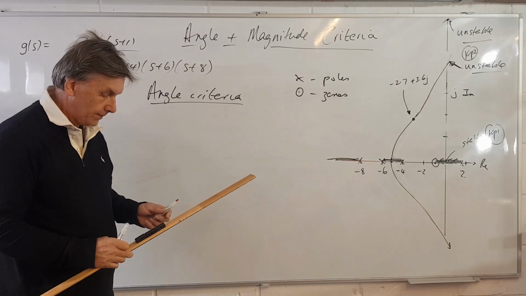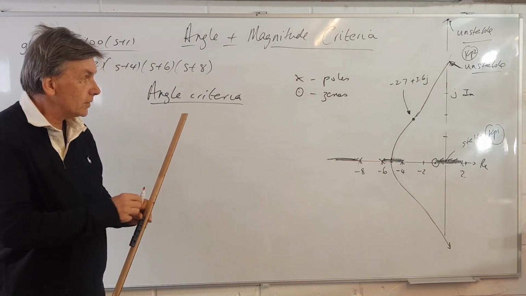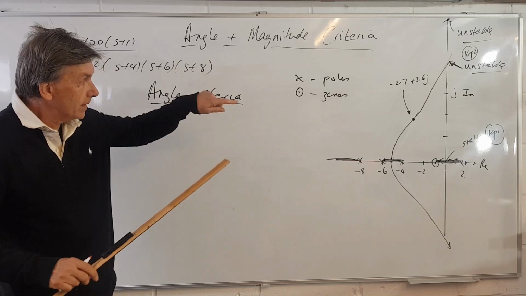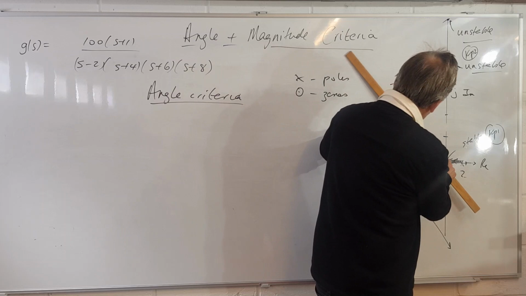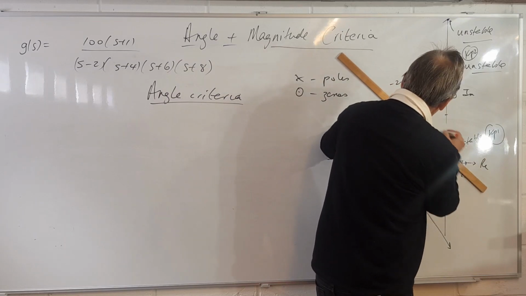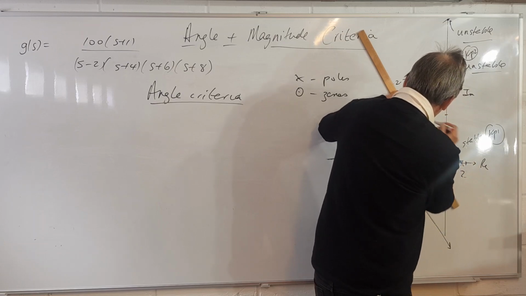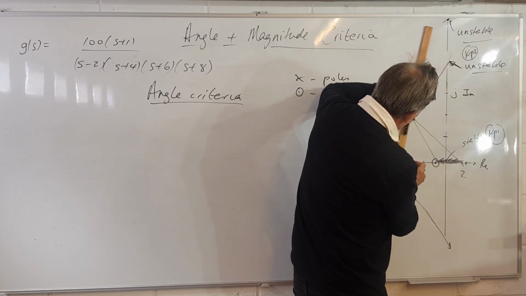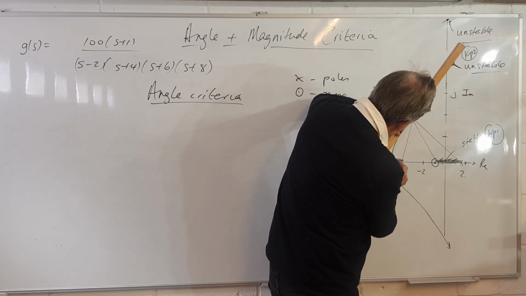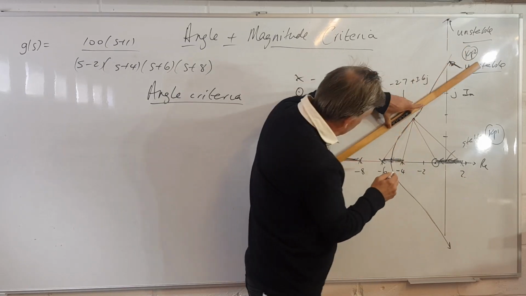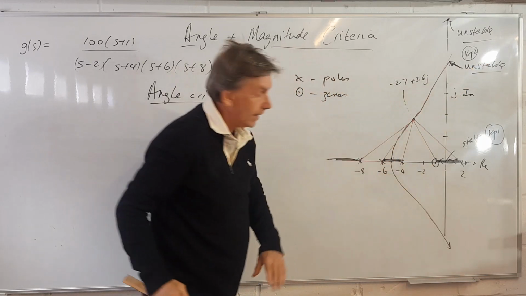So we draw a straight line here, a straight line there, one here, one there, and finally one there.